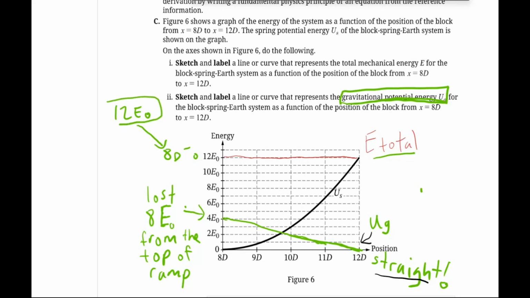So this is when it has no movement at the very beginning of the ramp, and when it slid down it lost 8 E naught, so it's going to start from 4 E naught. Once it reaches its base position, the gravitational potential energy reaches 0. So I have a straight line that goes from 4 to 3, 2, 1, and then 0. I wrote straight because I didn't do a good job of drawing a straight green line.